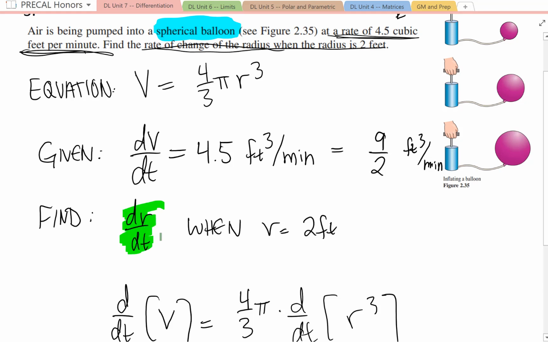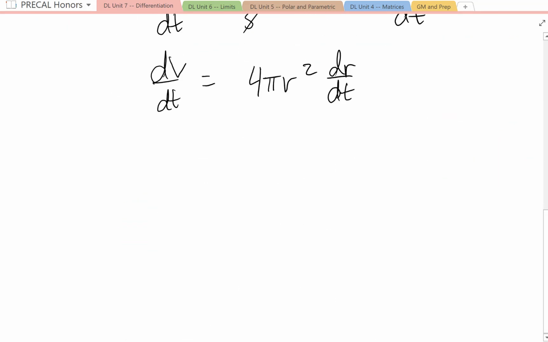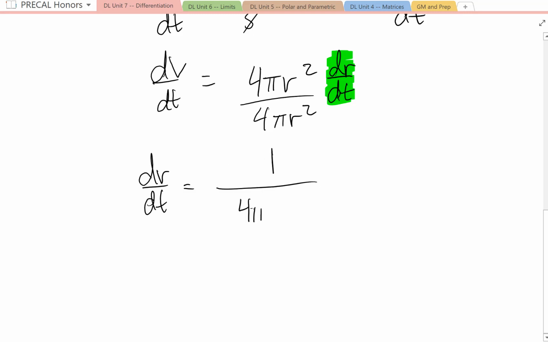They want us to find dr/dt, so before I plug anything in, I am going to isolate dr/dt by dividing both sides by 4 pi r squared. So dr/dt is equal to 1/(4 pi r squared) times dV/dt.